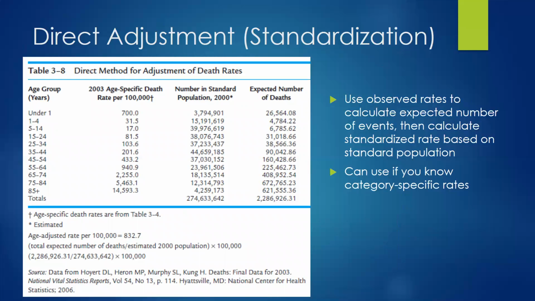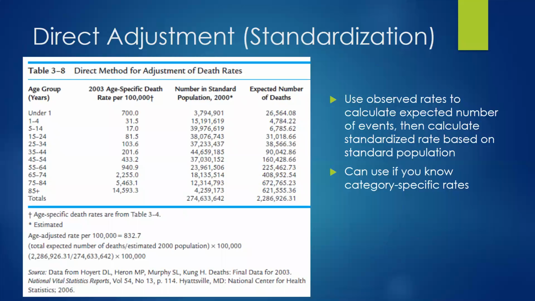So if we wanted to adjust that number, one approach is to do direct adjustment. And this is where we take a standard population. Usually we use the US population from 2000 as our standard population. And so we just apply those age-specific death rates that we had from the previous slide to that standard 2000 population to get an expected number of deaths.